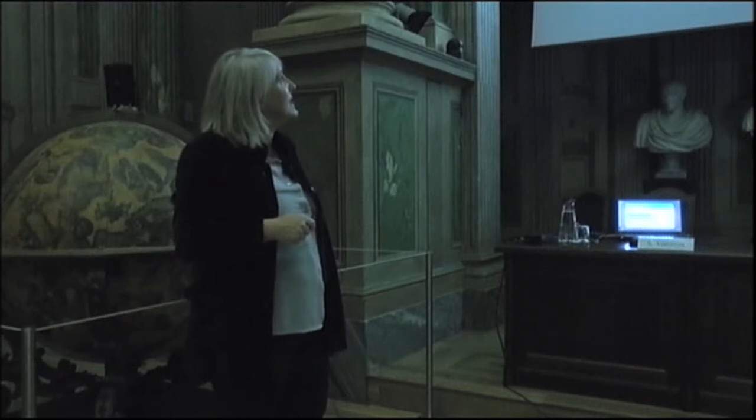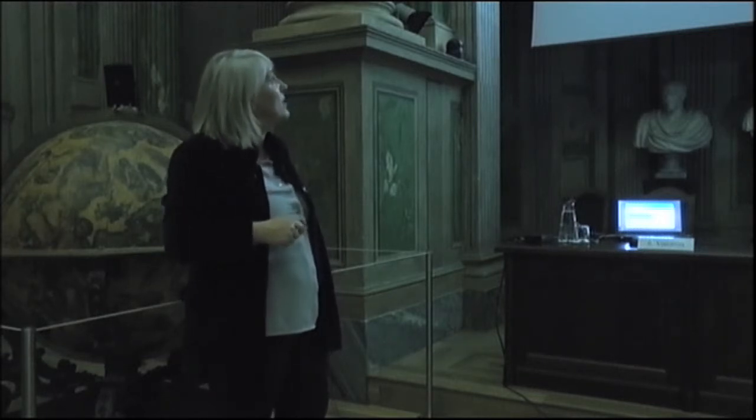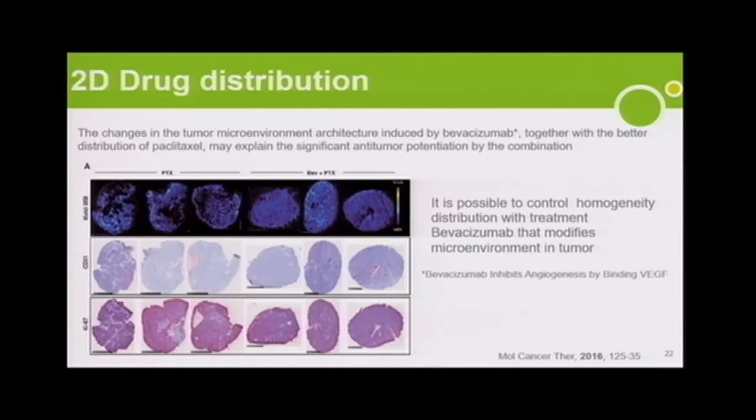We went further and observed, for example, how bevacizumab, an antibody that was used, not used anymore, is able to improve the distribution of paclitaxel in the tumor, because maybe bevacizumab is able to modify the microenvironment in the tumor.